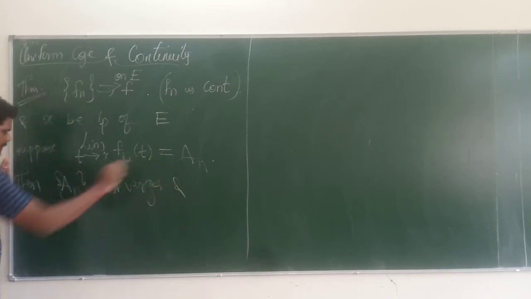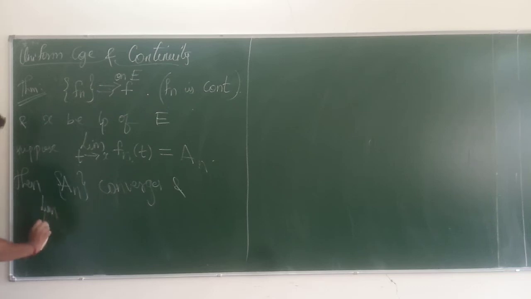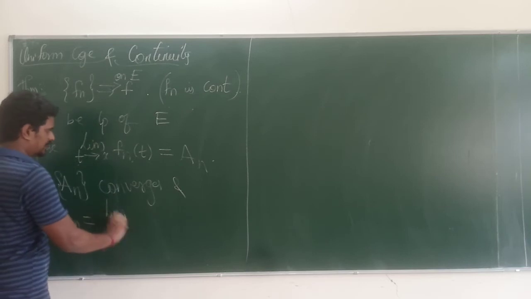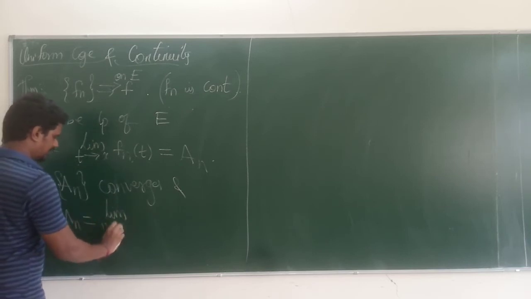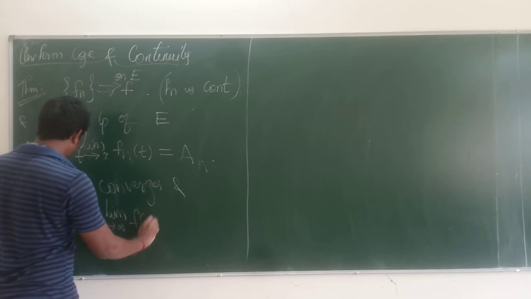and the limit as n goes to infinity of an is nothing but limit as n goes to infinity of f(x).